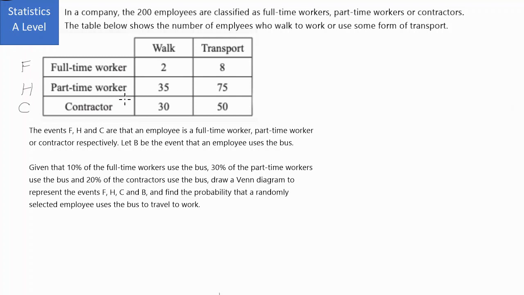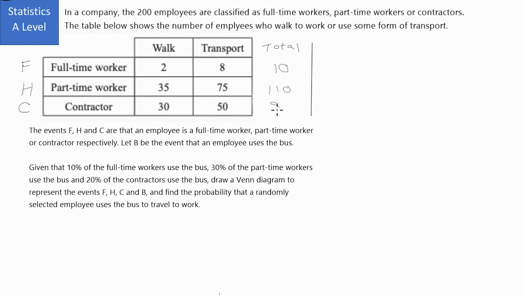So we need to use this information that says, given that 10% of full-time workers use the bus, so we need to first of all total all these up to find the total number of people on buses. Okay, so we know that adding walking and every other form of transport together, that's 10 full-time workers. 35 and 75, that means we've got 110 part-time workers.